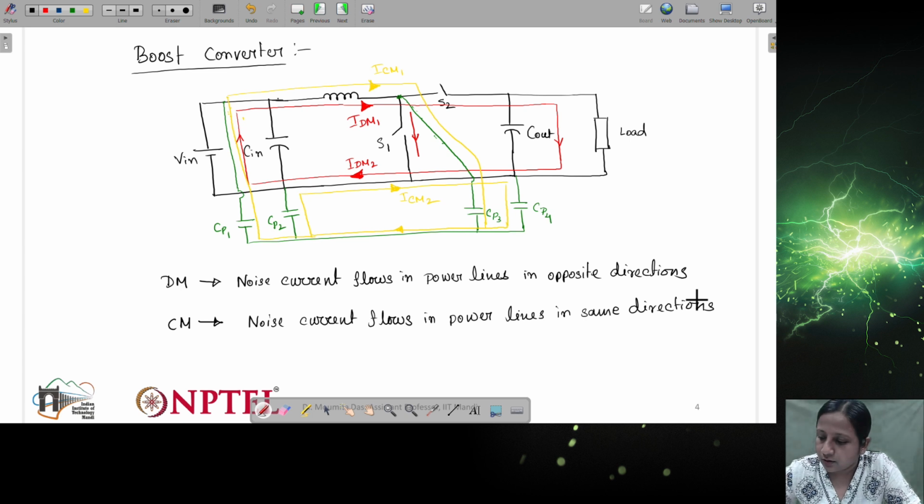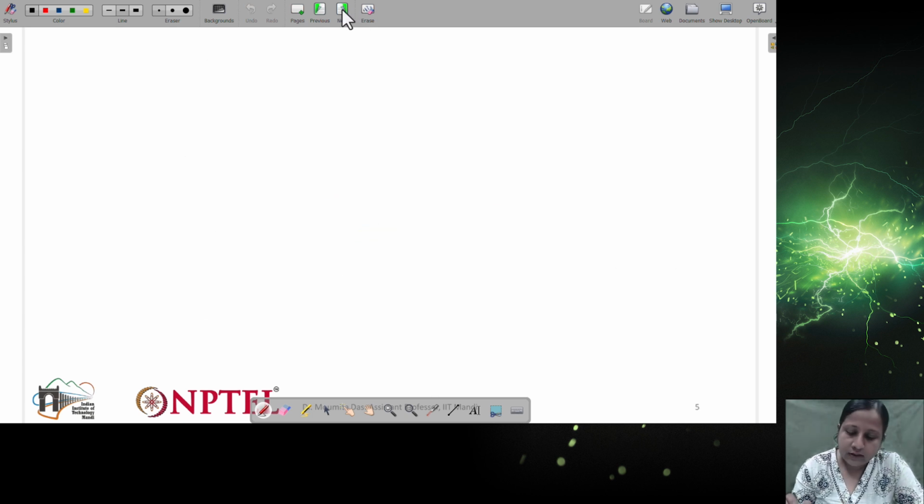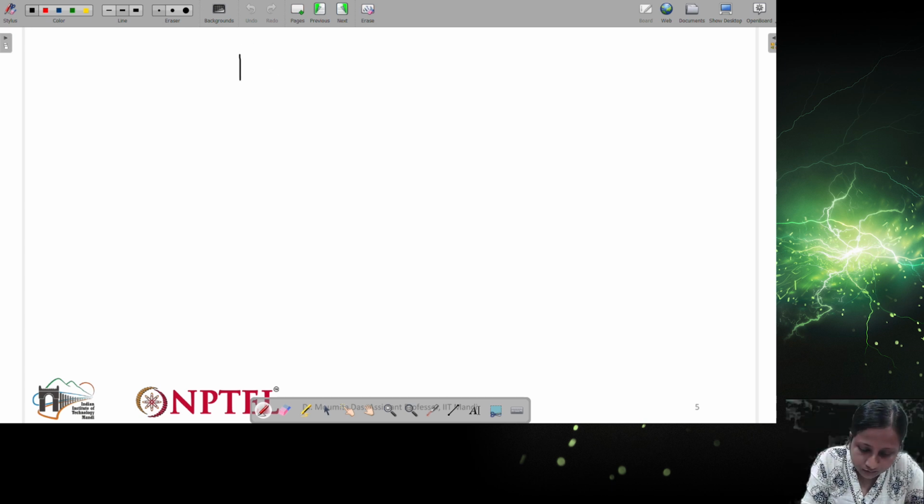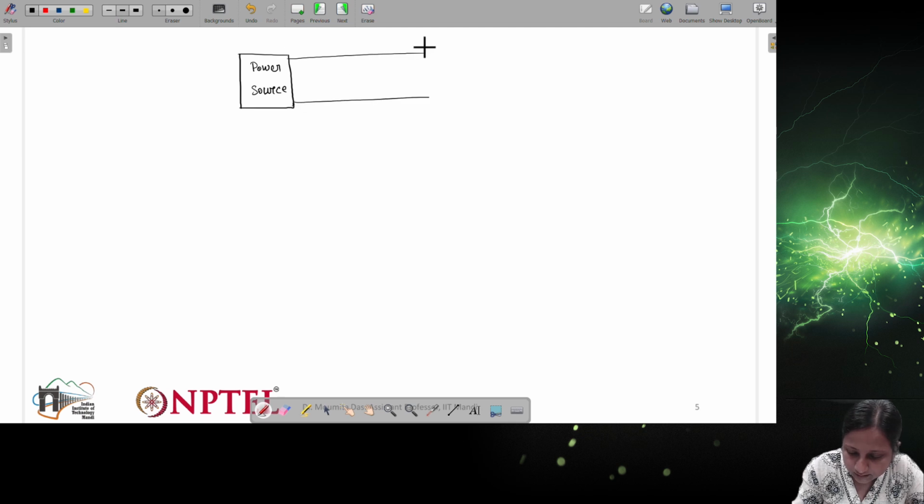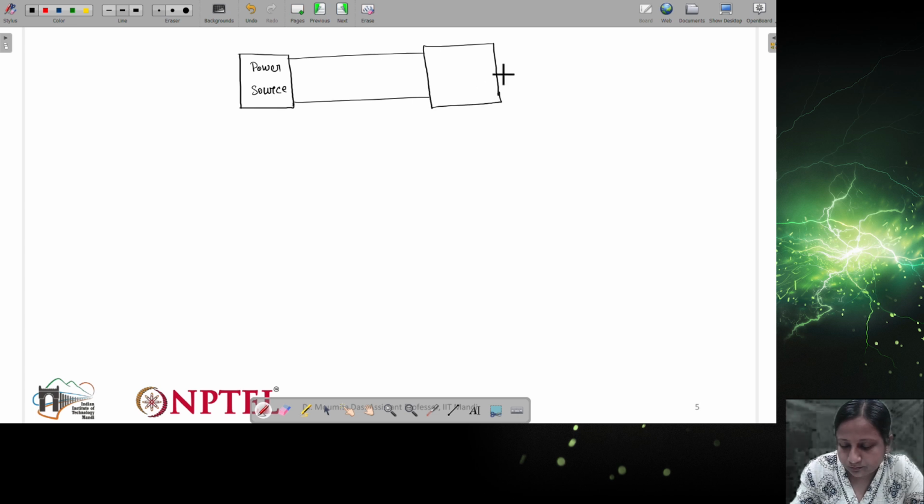Okay, so now if I try to analyze these noises, how can I analyze them? So I can just draw the block diagram again. This is the converter with load I am drawing now, or the equipment under test.